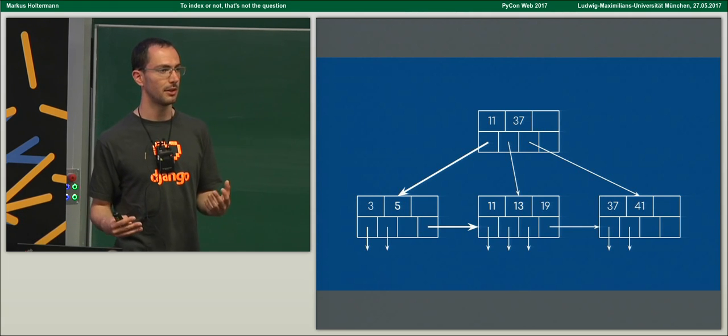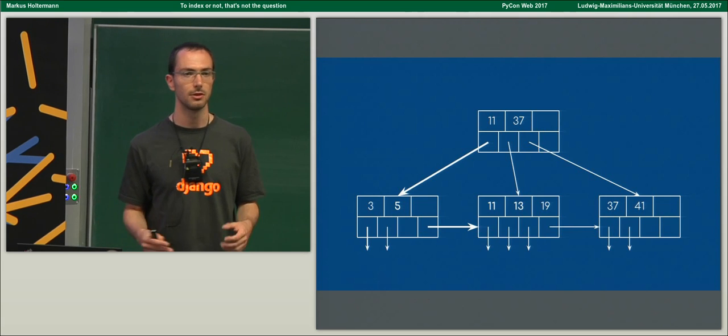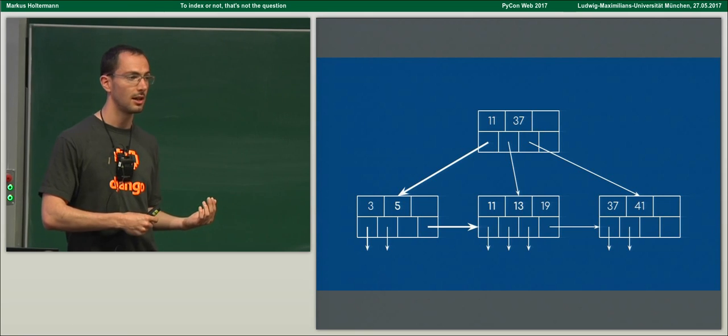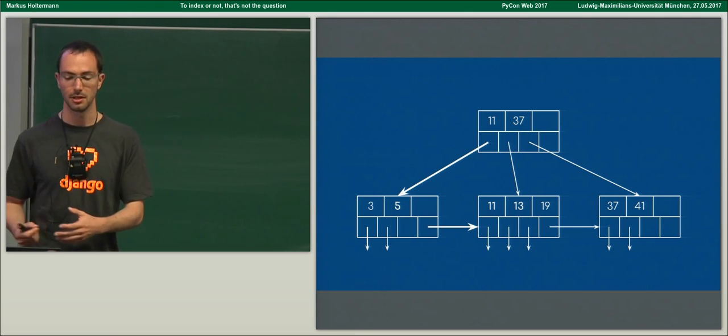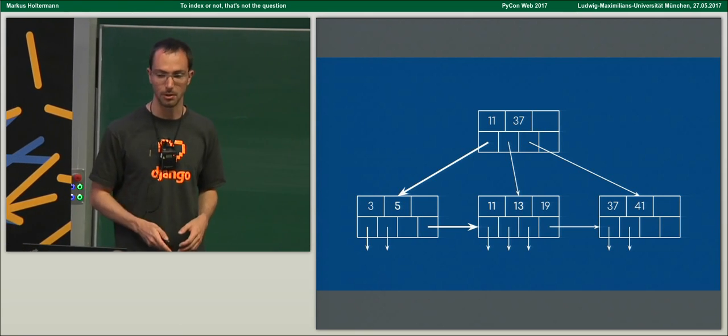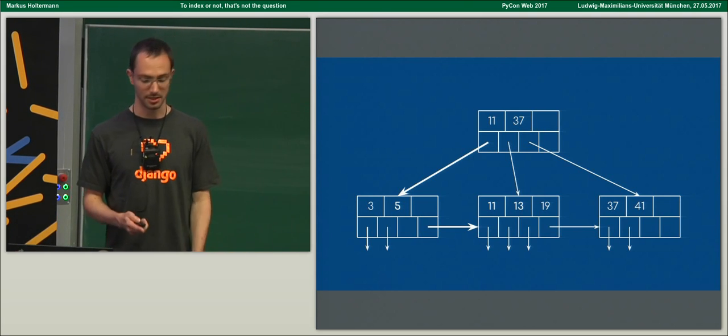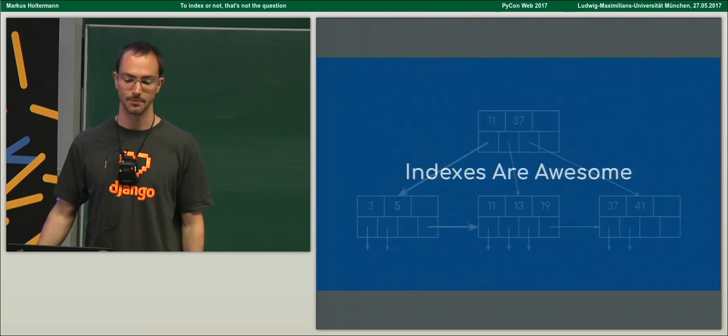And this is part of where the query optimizer, where the database, needs to figure out when it makes sense to use an index, and when a full database scan is maybe faster or more appropriate. So all in all, what you can see here is indexes are awesome.